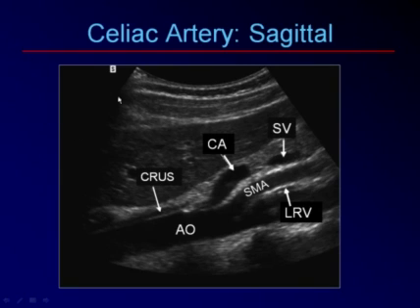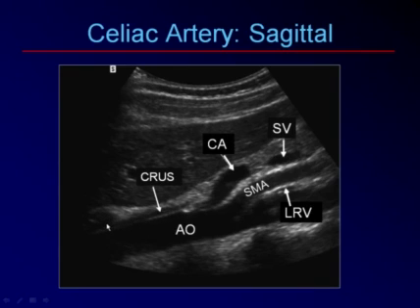Now the celiac artery, I already mentioned, is the first major trunk coming off the aorta. It's not very long. It looks like a long finger pointing to the body of the pancreas. Notice that we have the abdominal aorta, and it's paralleled in front by a thin hypoechoic stripe.